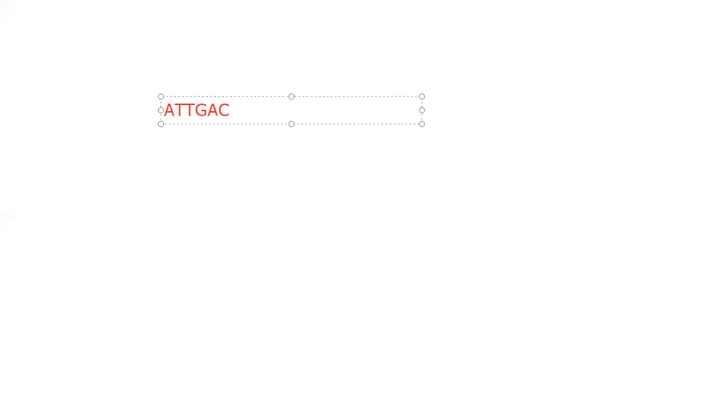ATTGAC. This is a sequence. This particular sequence will be repeated again: ATTGAC. I am showing only one side, a single strand. If you take one more ATTGAC, in order, they are present like this.